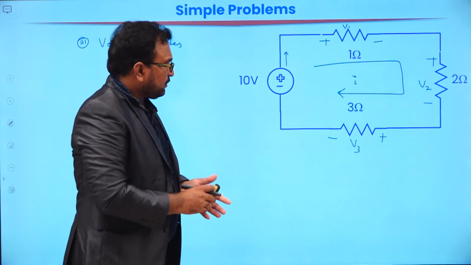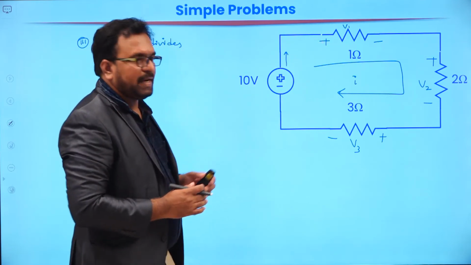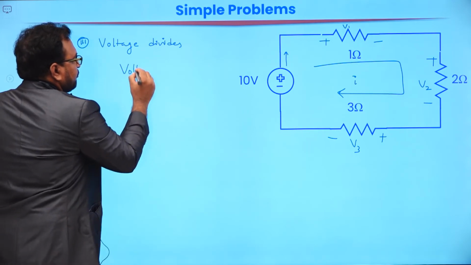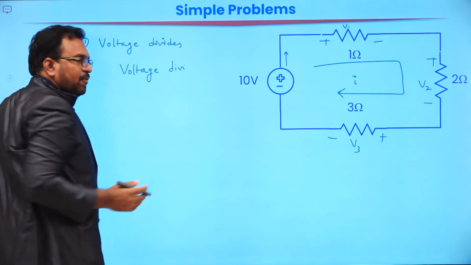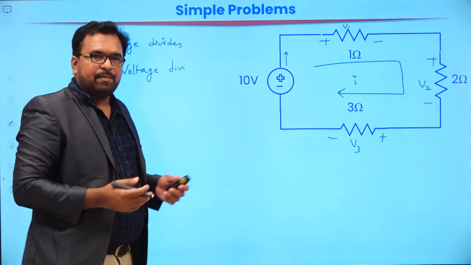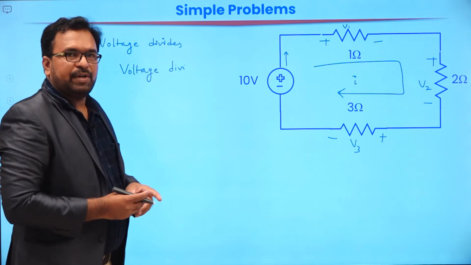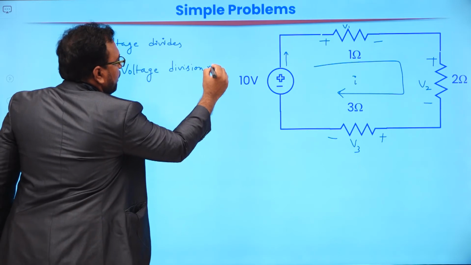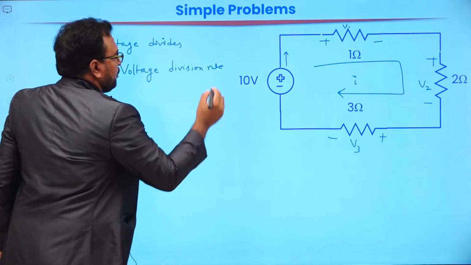Okay. Now, how will you calculate the voltage V1? Let us apply voltage division rule. You can calculate from Ohm's law also, but we already done several problems on Ohm's law. That's why now we are going to use voltage division rule. So how will you apply voltage division rule?